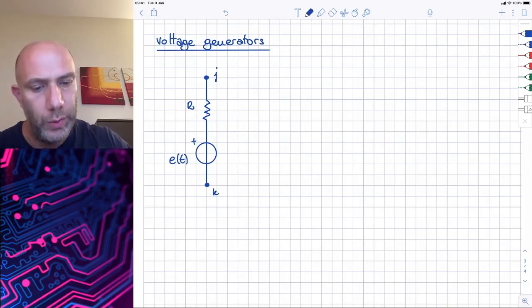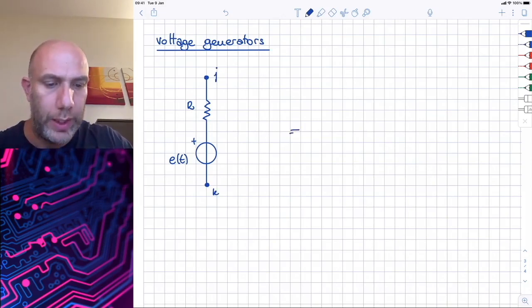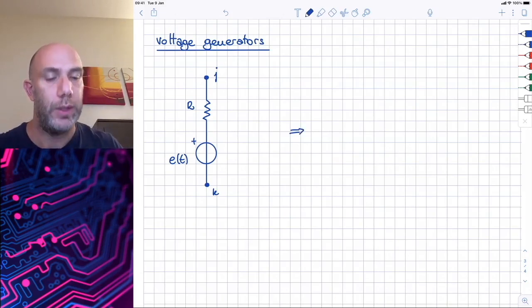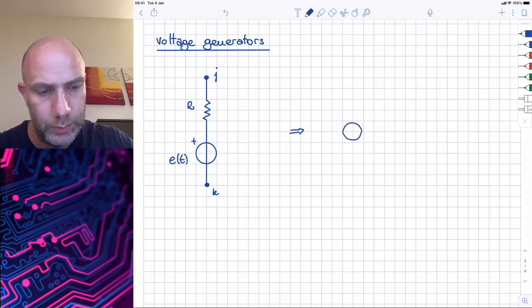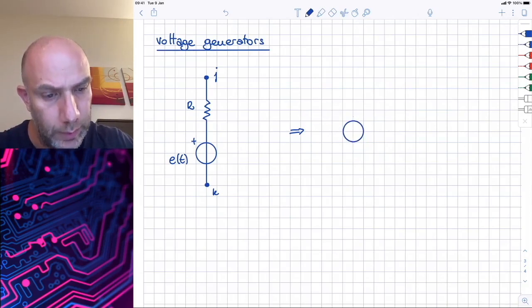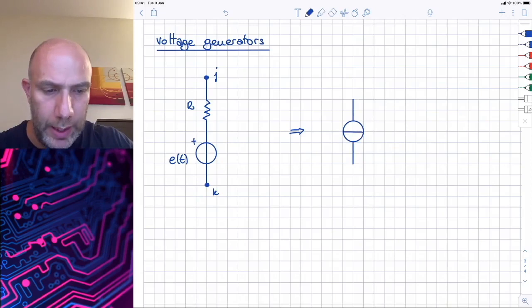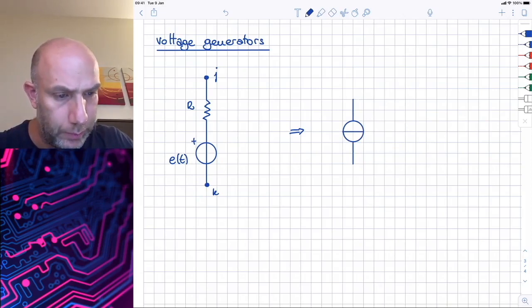If we have this situation, what we can do is to transform this representation into the corresponding Norton's representation that is made by a current generator that is connected in parallel with a resistor.